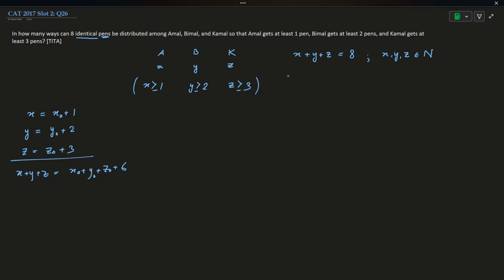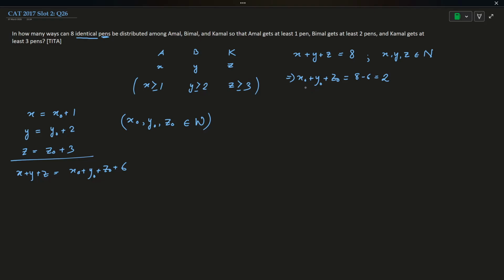Substitute this in the first equation. So from here I can say X naught plus Y naught plus Z naught is equal to 8 minus 6 equal to 2. All right. Now please remember, guys, please be careful. X naught, Y naught, Z naught belongs to whole numbers. They can be whole numbers.